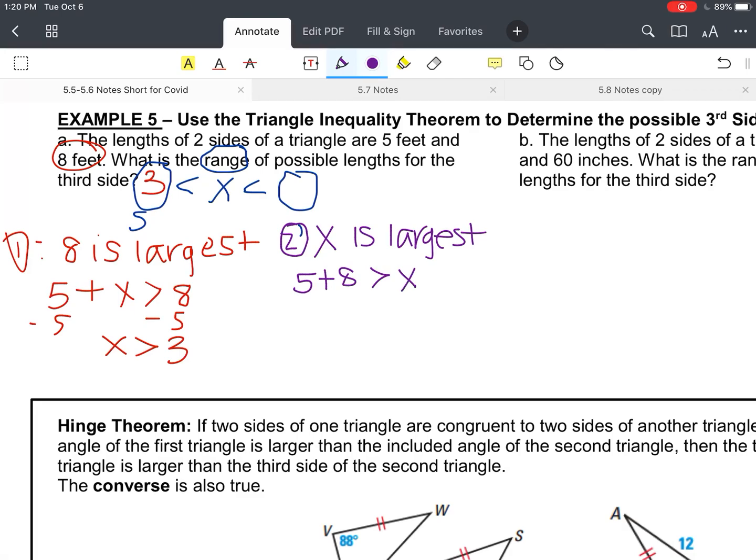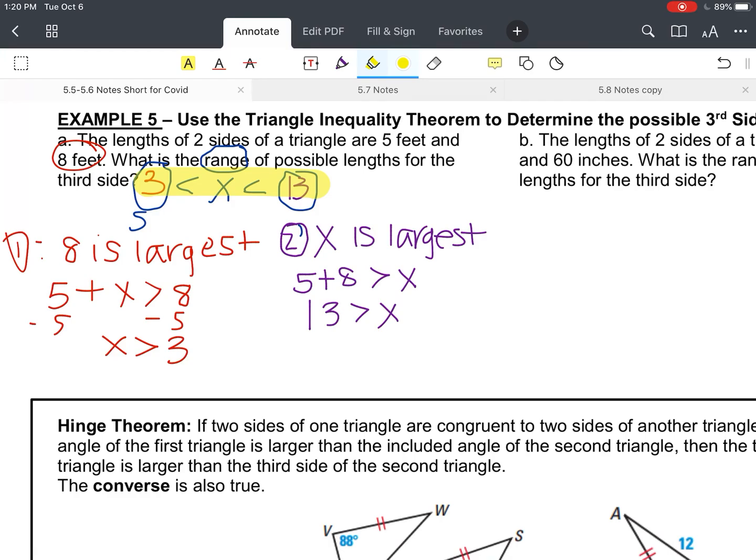So in this case, I would say 5 plus 8, my two smaller sides, have to be greater than my largest, which is X. Well, 5 plus 8 is 13. So X has to be less than 13. Meaning 13 is on the top range of my numbers. It can't be 13, it has to be less. 12.9 works, but 13 and above doesn't. So this is actually your answer.